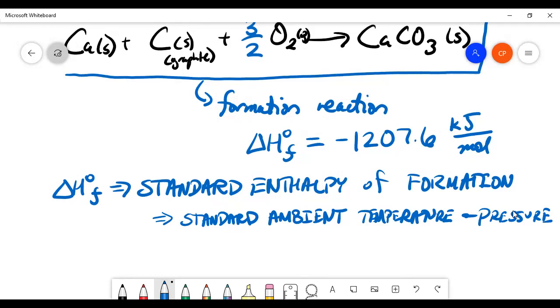Standard ambient temperature and pressure are the normal temperature and pressure that we encounter at room temperature conditions when we're doing work in a laboratory. Ambient temperature, 25 degrees Celsius or 298 Kelvin. Standard pressure, 1 atmosphere.